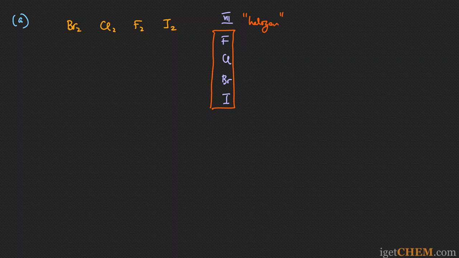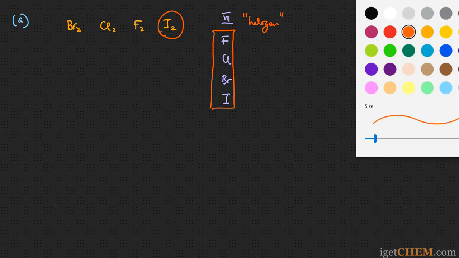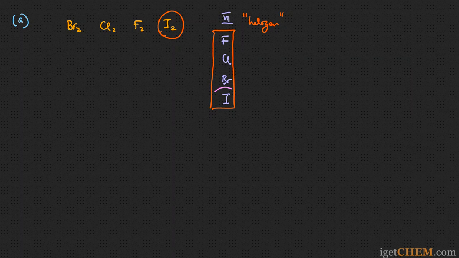And so because of that, you can see that out of these 4 diatomic molecules, I2 should have the largest bond distance.